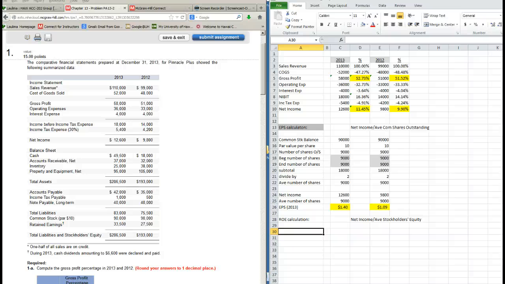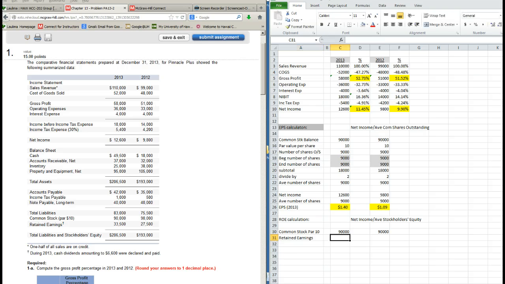We need our common stock, par value 10, and our common stock balance at the end of 2013 is 90,000. End of 2012 is also 90,000. And we also need our retained earnings balance.